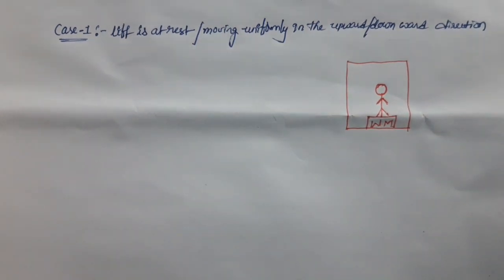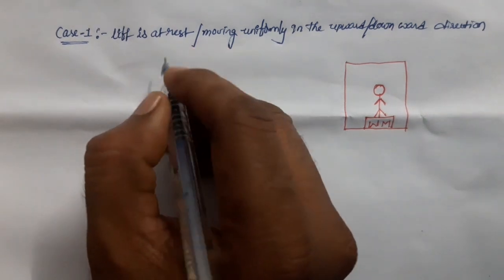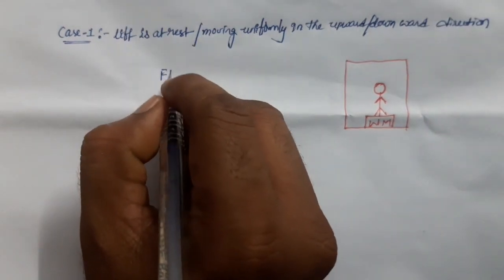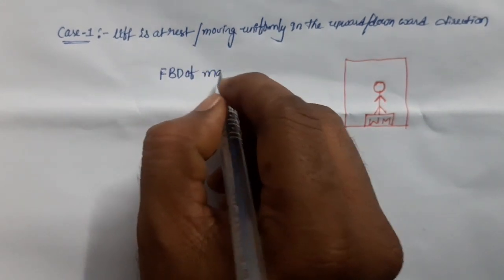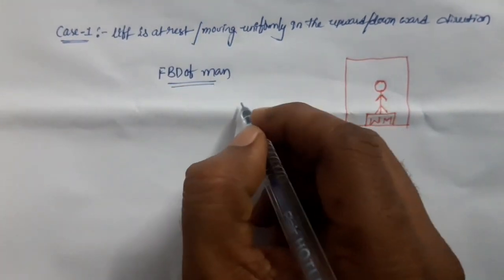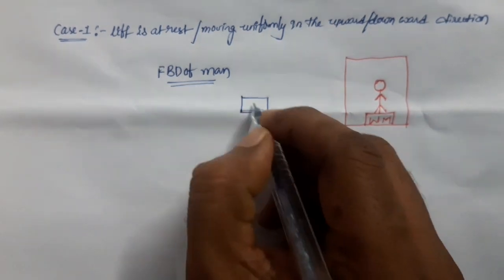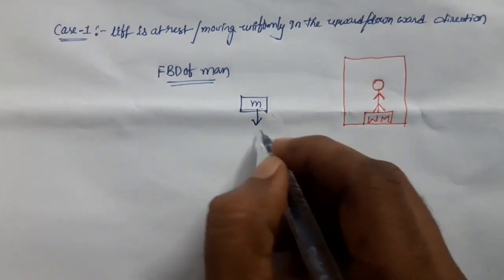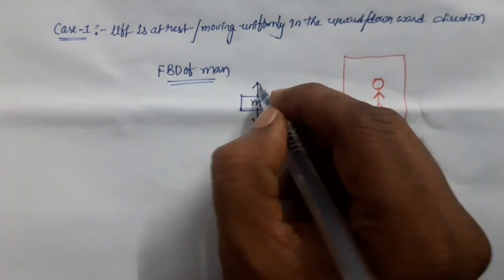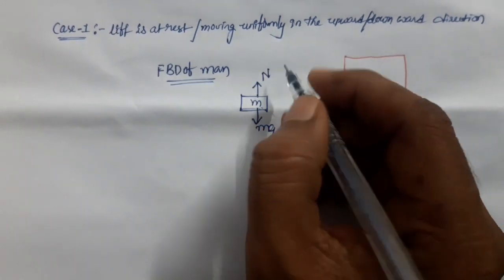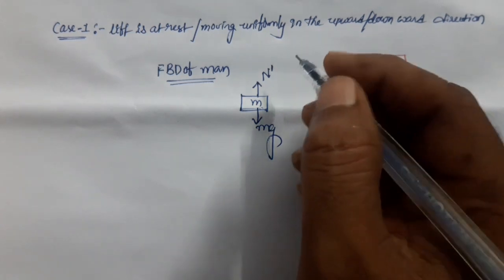For that, by taking the FBD of this person, FBD of man: mg downward due to gravitational force, and normal reaction acting in the upward direction, N dash, assuming that.